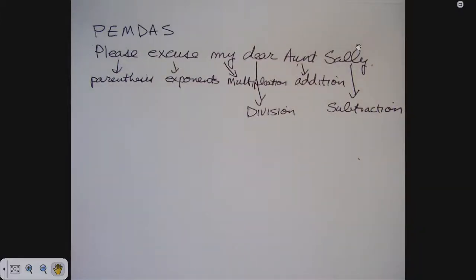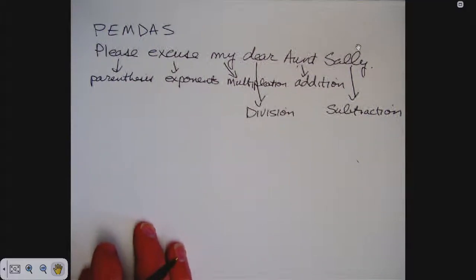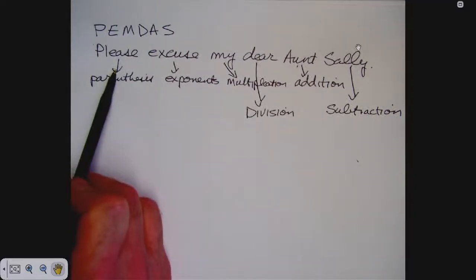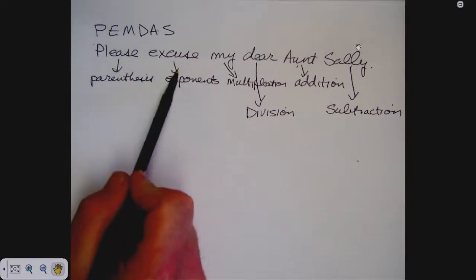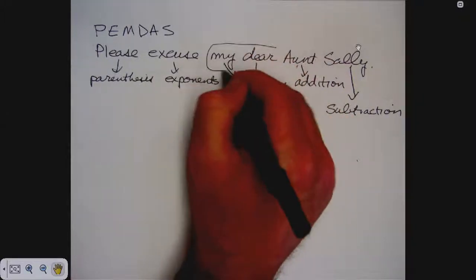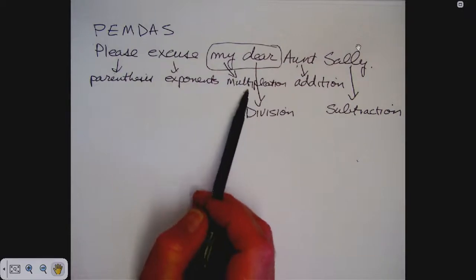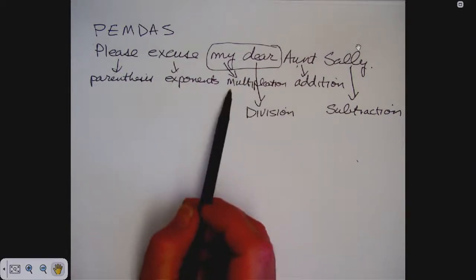And this is the order in which we do things in evaluating a mathematical expression. We first do any parentheses or grouping symbols. We then do exponents. We then do multiplication or division. These are equal priority. While we say multiplication and then division, it's actually whichever is first, reading from left to right.